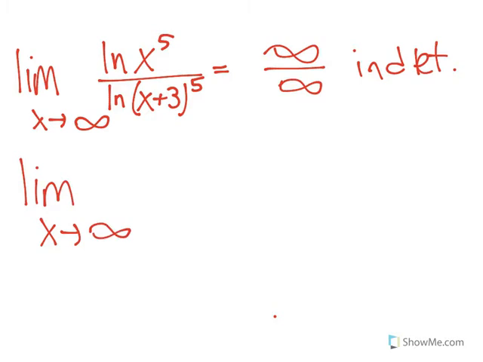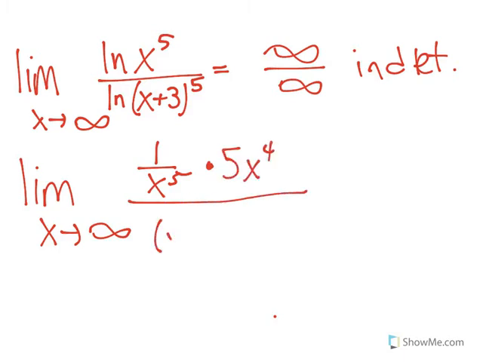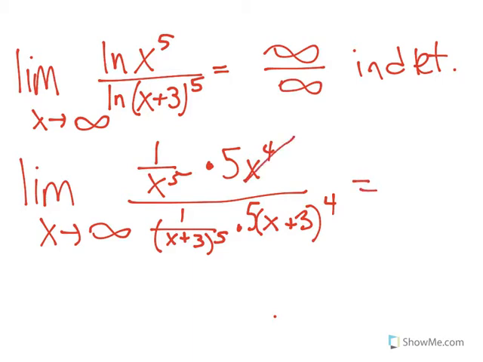And I'm going to get 1 over x to the 5th times the derivative of x to the 5th, which is 5x to the 4th, over, parentheses, 1 over x plus 3, close parentheses to the 5th, times the derivative of that, which is 5x plus 3 to the 4th. And this will happen with all these ln problems. Watch this. Cancel, cancel, cancel, cancel.